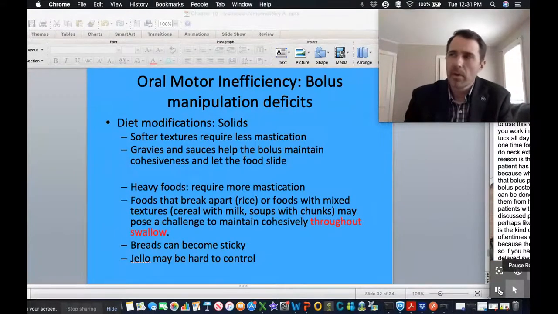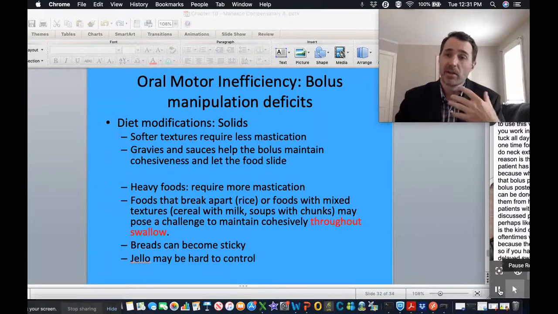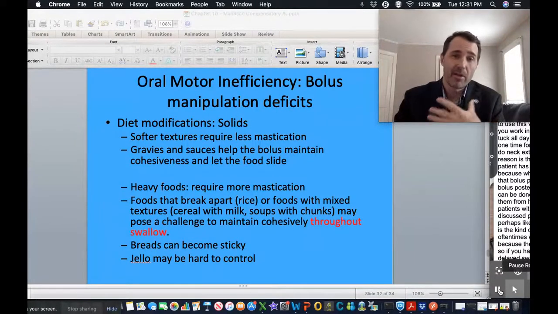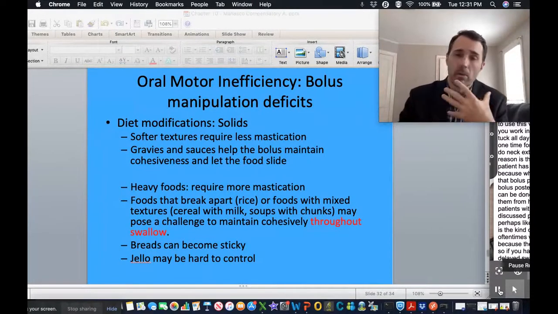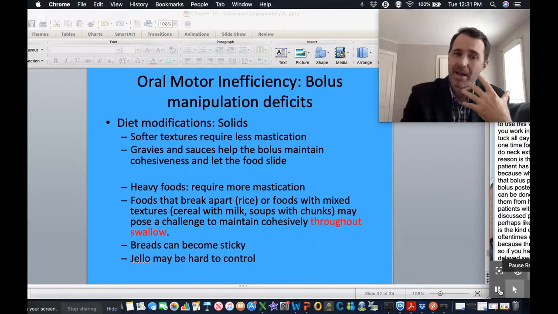So one of the first things you do when you walk in to evaluate a client's swallow is look in their mouth as a part of their oral motor evaluation to see what kind of dentition they have. You're going to check the strength of their mandible because you want to know how well they're able to masticate. Because if they can't masticate appropriately, then you're going to be recommending a mechanical soft diet or a pureed diet.